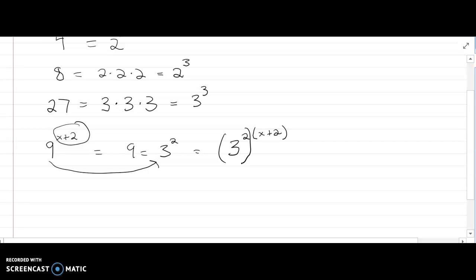And these exponents are being multiplied, so we have 2 times x plus 2. Then I distribute, and I get 3 to the 2x plus 4.